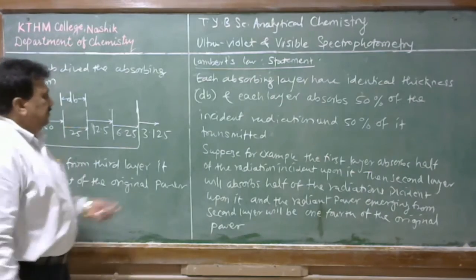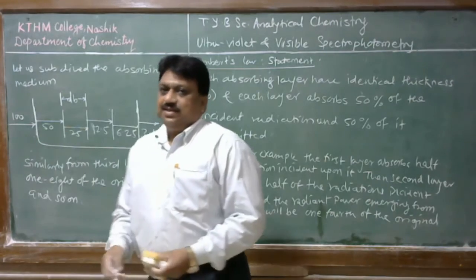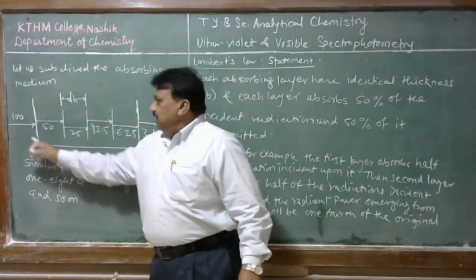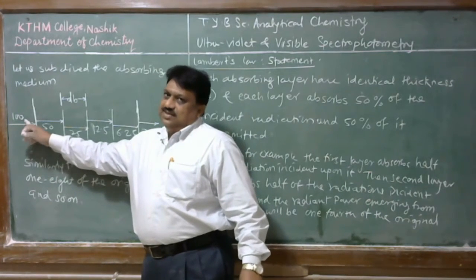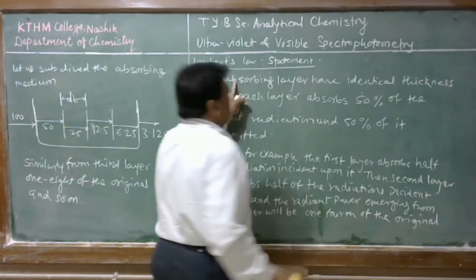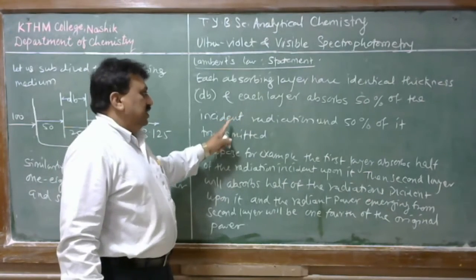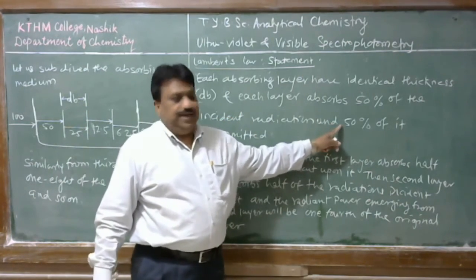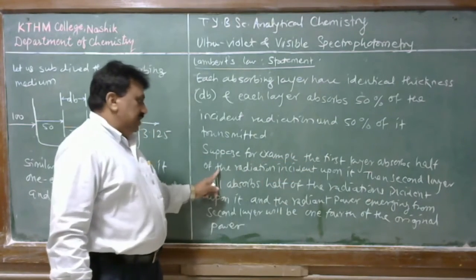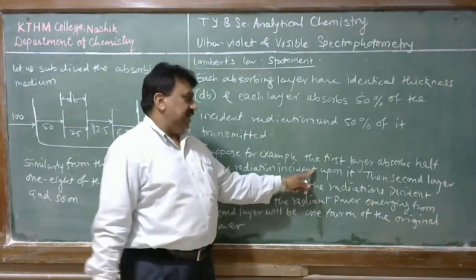That means in Lambert's law, the absorbing system is considered as layers. Suppose for example this is a 4-layer absorbing system. If we irradiate this system with 100% intensity of light, and each layer absorbs 50% of incident light, then 50% will be transmitted through it. If the first layer absorbs half of the radiant power, then the second layer receives half of the radiant power as incident radiation.